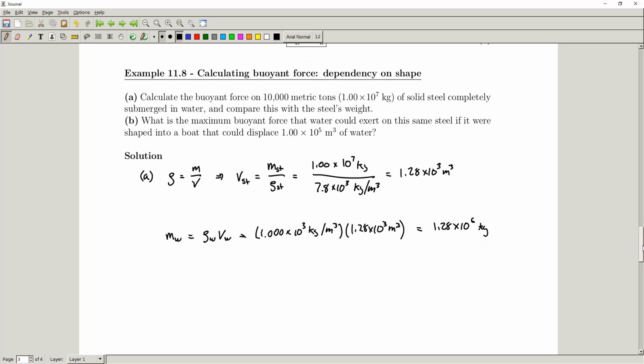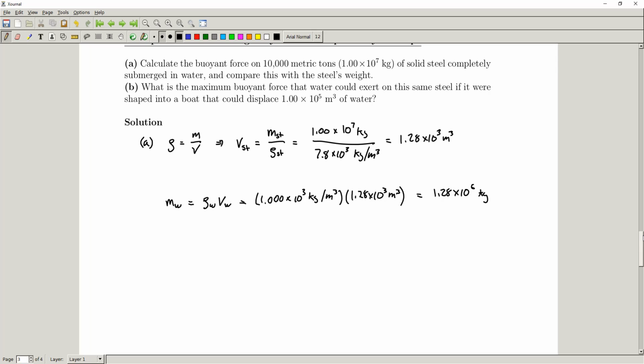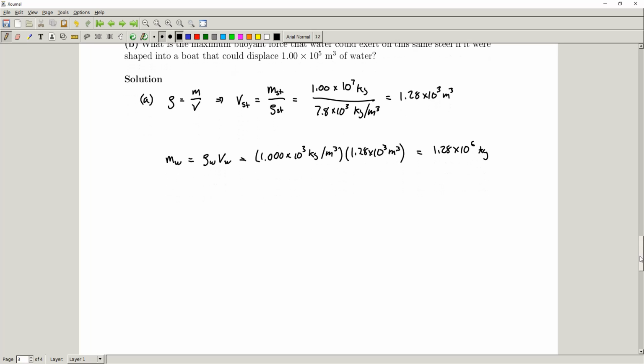So as we sink this steel object in the water, we're moving 1.28 times 10^6 kilograms of water. That's the mass of the water that would have occupied the space this object has now taken up. And so we're interested in the buoyant force, or F_B, right?